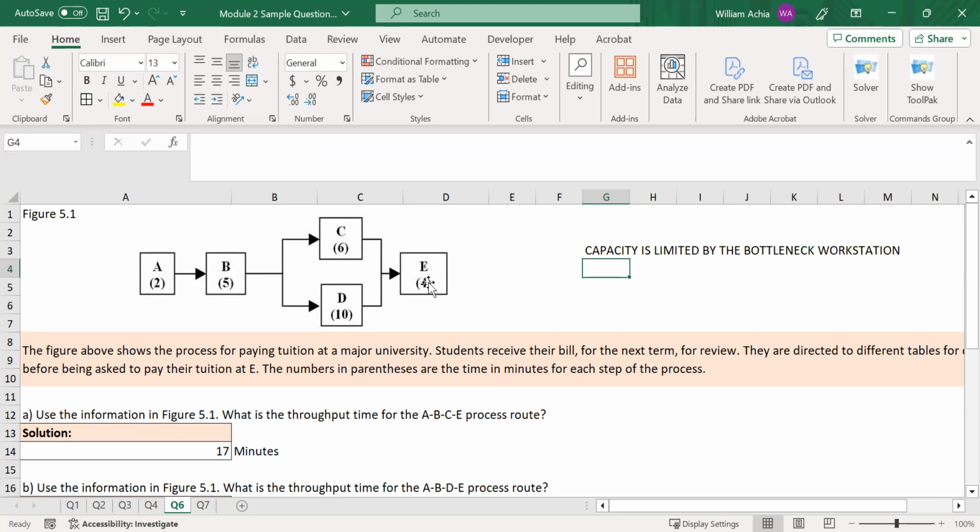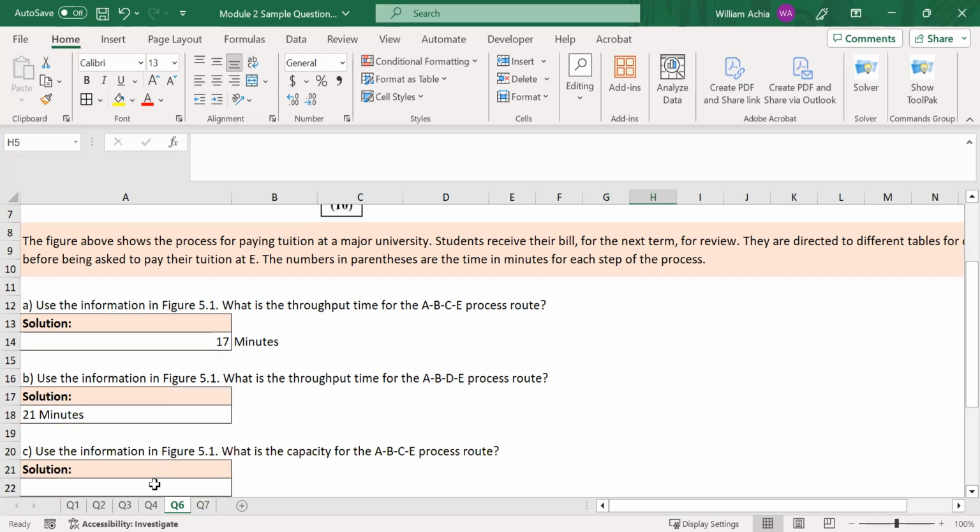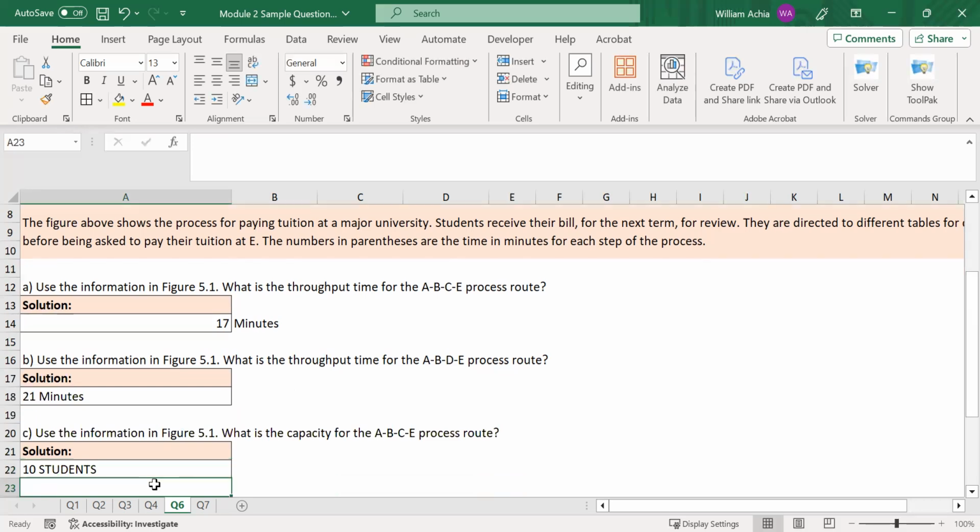For ABCE, I see that C takes 6 minutes per student. That's the longest amount of time I see there. So that becomes my bottleneck workstation, because if it takes 6 minutes per student, then in every hour, which has 60 minutes, you can only serve 60 divided by 6, which is 10 students. So that is your capacity. The capacity will be 10 students for that specific path.